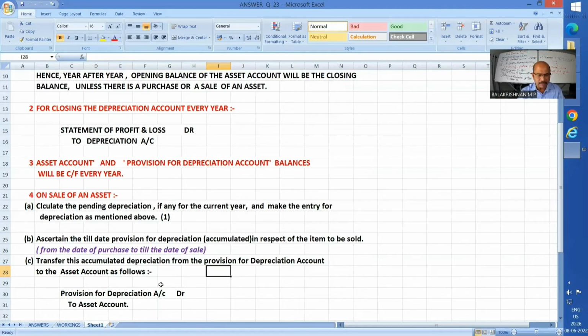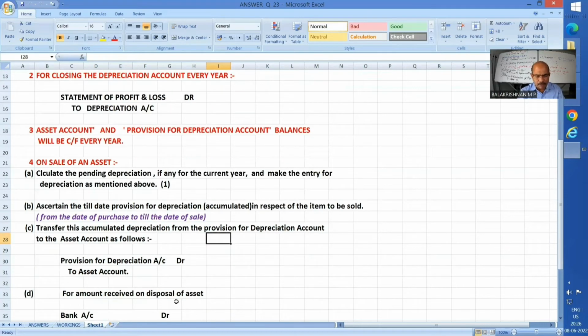Then C, transfer this accumulated depreciation from the provision for depreciation account to the asset account as follows. Provision for depreciation account debtor to asset account. This journal entry will ensure that the provision is taken off from the provision for depreciation account because this asset is no longer there or is not going to be there, right?